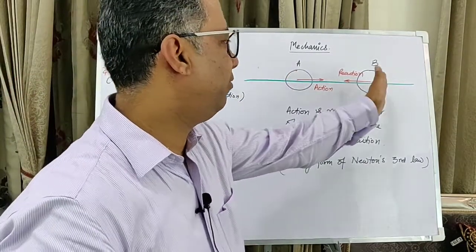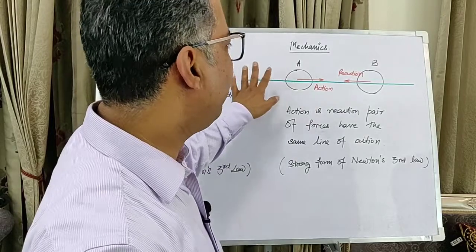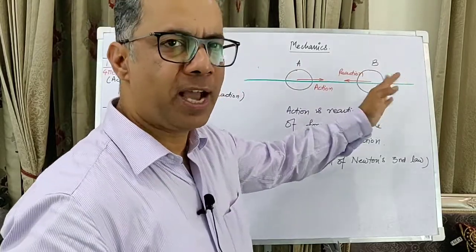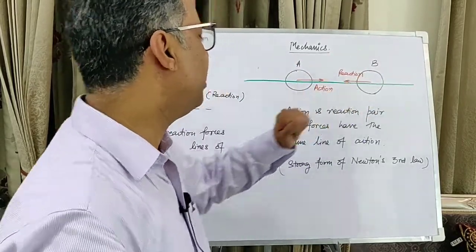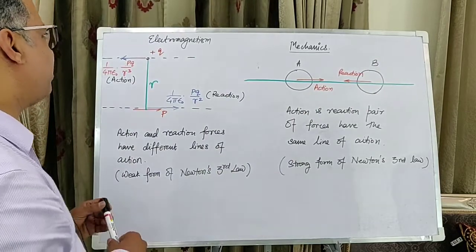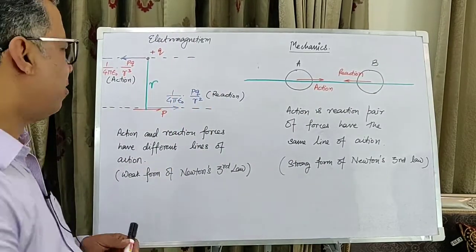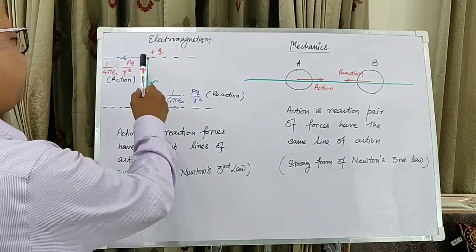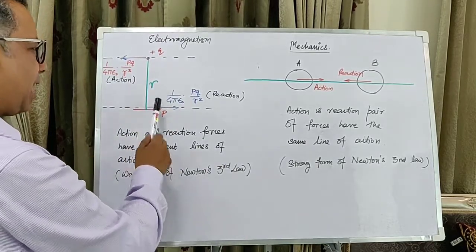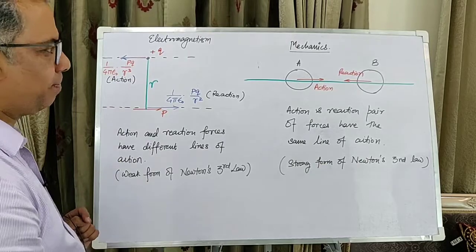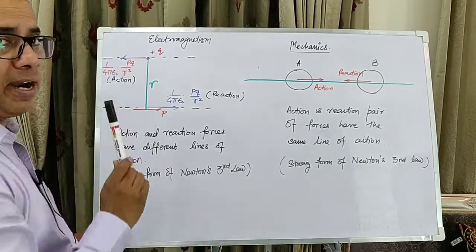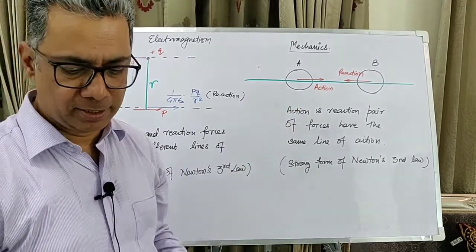In mechanics we have the strong form, where the action and reaction pair of forces have the same line of action, whereas in electromagnetism we have a weak form of the third law, because now the action and reaction pair can have different lines of action. This never happens in mechanics.